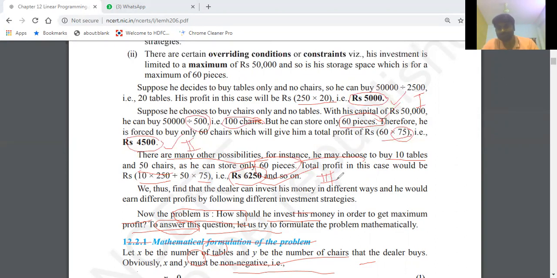But do you know this before? As a businessman, without knowing this tactic, this logic of maximizing profit, how can a businessman come to know how many tables I need to purchase and how many chairs I need to purchase? Correct or not?